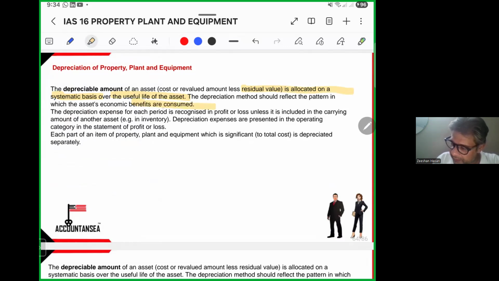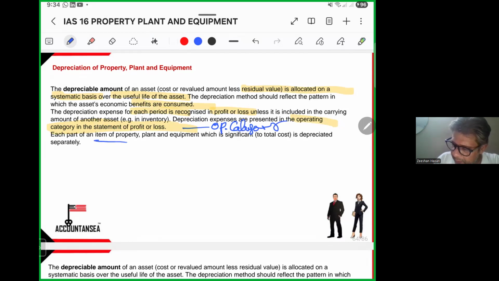Depreciation expense for each period is recognized in profit and loss as an expense, unless it is included in the carrying amount of another asset, for example, in inventory. Depreciation expenses are presented in the operating category in the statement of profit or loss.